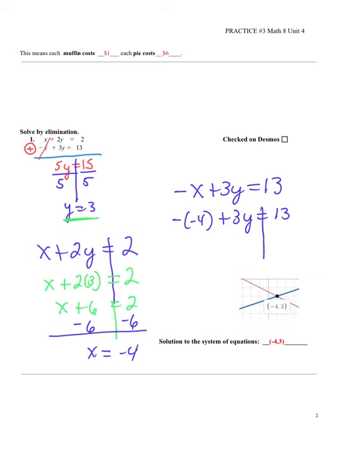So -1 times -4, this is 4, plus 3y equals 13. Then it's a two-step equation. If I subtract 4 from each side, I'm going to get 3y equals 9. And when I divide by 3, I'm going to get y is equal to 3. And hence, my systems, the answer is -4, 3.